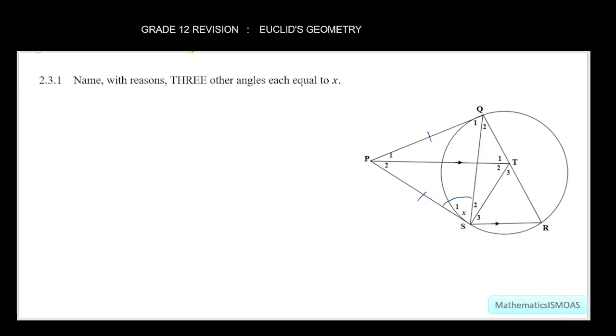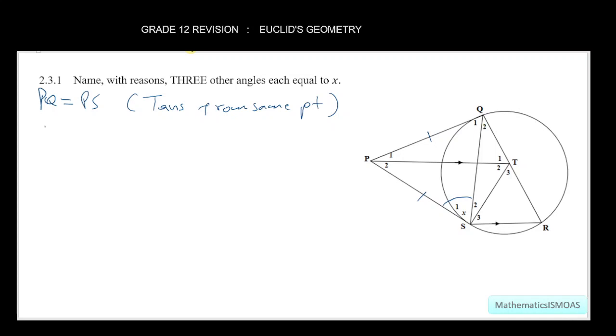So we can first say PQ is equal to PS. Reason for that, these are tangents from the same point. Tangents drawn from the same point outside the circle will be equal in length.